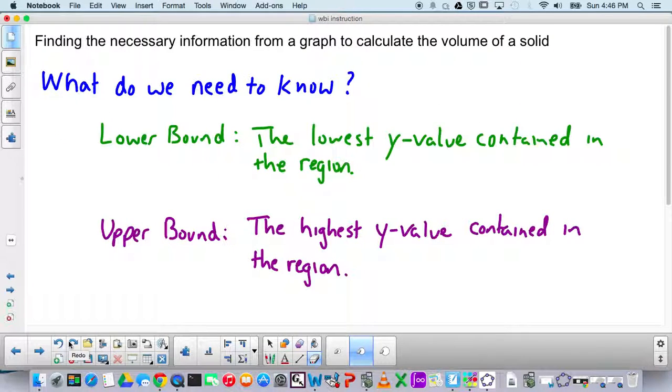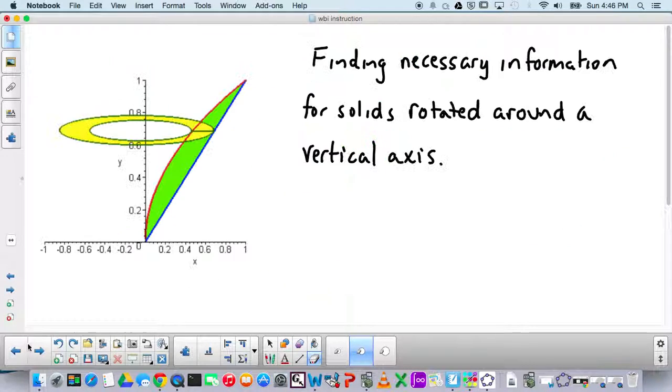First, we need to know the lower bound again, but instead of it being the lowest x value contained in the region, we are going to be looking for the lowest y value contained in the region. And that is because before, we had these washers stacked up along the x-axis. The stack was growing this way. Well, now our stack of washers will be growing up along a vertical axis.